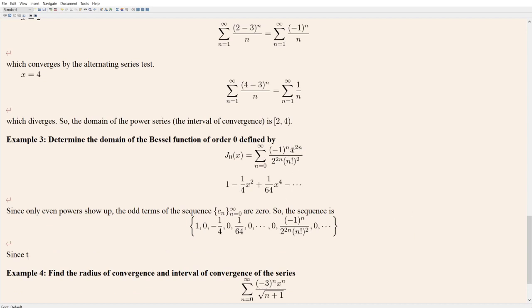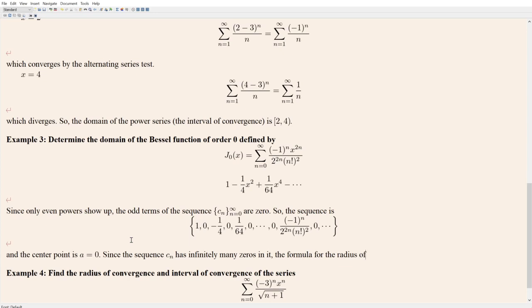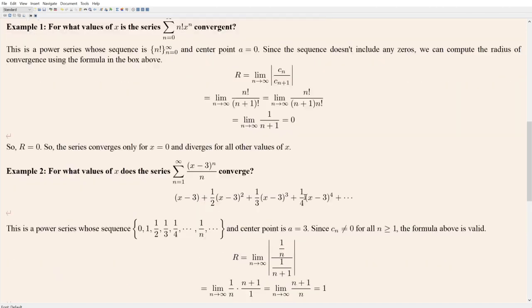And what's the center point? Well, the center point is 0, so that's easy enough. Since the sequence C sub n has infinitely many zeros in it, the formula for the radius of convergence won't work, because you would just end up dividing by 0.